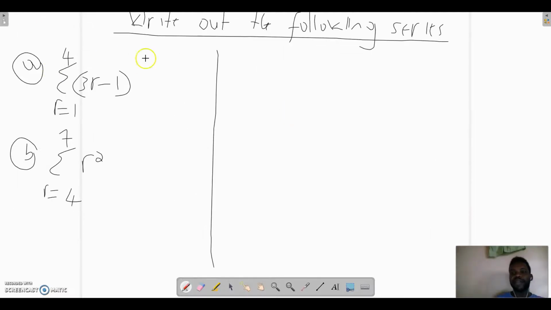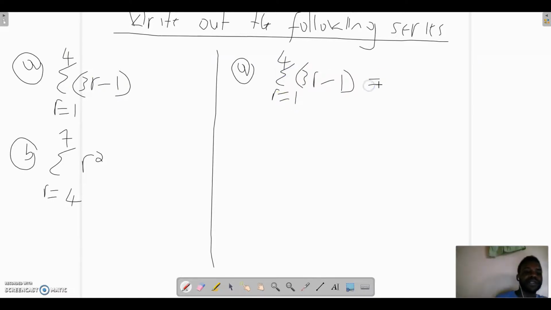It doesn't matter. Now a formula can also be given to you in terms of sigma notation, and you're asked to write out the series. So for example, write out the following series. In question A, we have the sum of 3r minus 1 from r equal 1 up to 4. What that means is that I'm going to be putting 1 inside of this formula first to get the first term. So we're going to be replacing this r by 1.